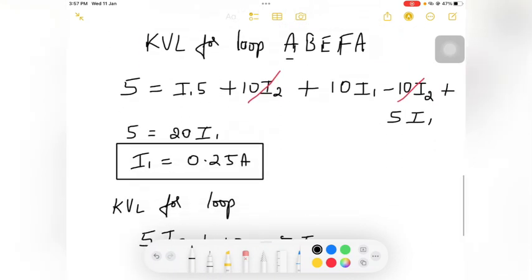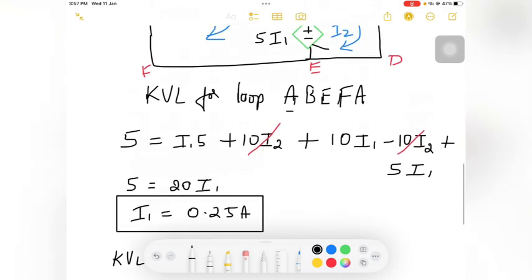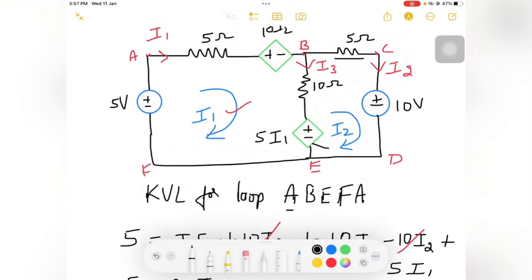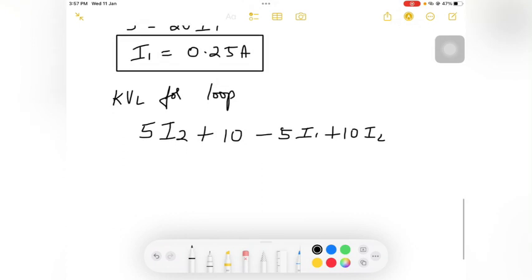After this I have a 10. So 10 into I2, plus 10 into I2. Since already we have taken that there are two currents acting for this 10 ohm resistor, I2 and I1, now I2 is plus, I1 is coming opposite to I2, hence it will be minus 10 into I1, equated to 0.